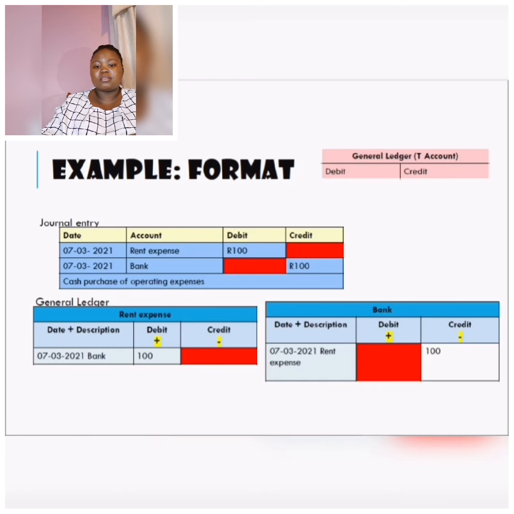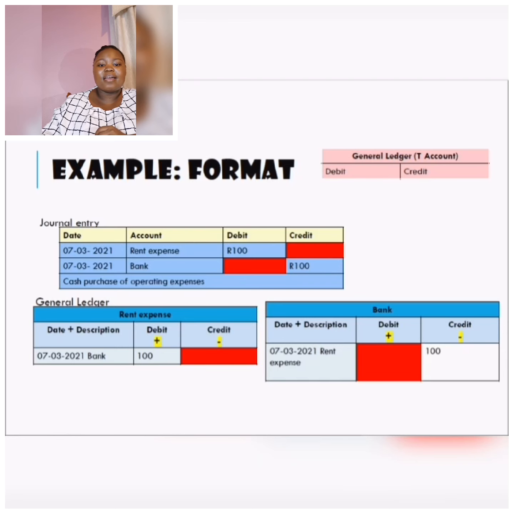It will make things easier for you. I made this example using the bank as an asset. If you pay rent, you're taking out money, you're losing money, money is leaving you, so your bank balance decreases. To reflect that, you credit your bank balance because it is an asset, and an asset decreases on the credit side.